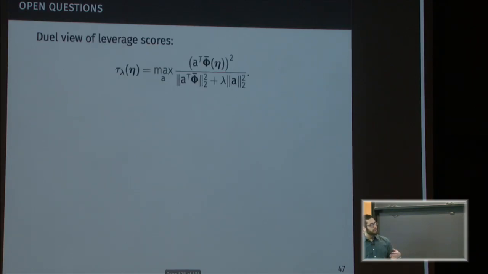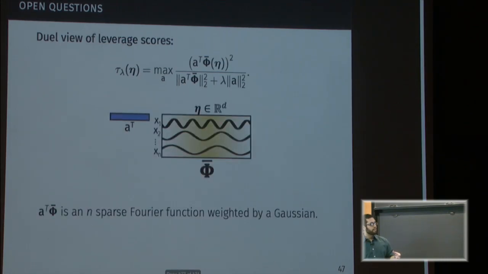There's something I'm working on: another way of viewing these leverage scores, a dual optimization problem, where you can say that the leverage score is bounded as long as you can bound the spikiness of any n-sparse Fourier function. When I say n-sparse Fourier function, this is a continuous Fourier function, so I'm not choosing my frequencies from a grid, I'm choosing them from continuous space.